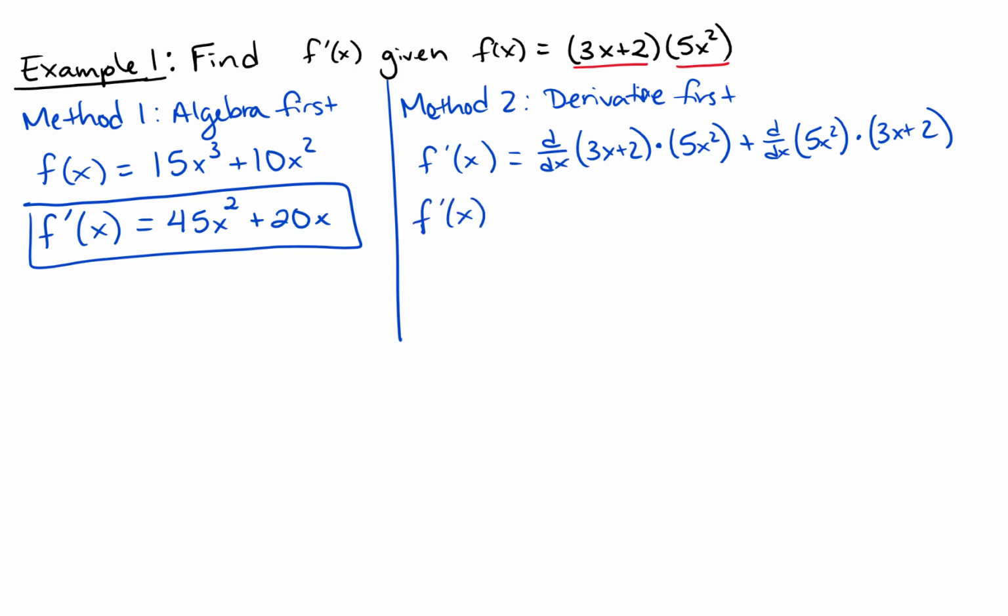So all I did in that first step was write down my plan. Now I'm actually taking these derivatives. Remember, the d dx is my operator saying I need to take the derivative of whatever it's next to. So I've got a 3 times 5x squared plus a 10x times (3x plus 2). So that was each of those corresponding derivatives there.